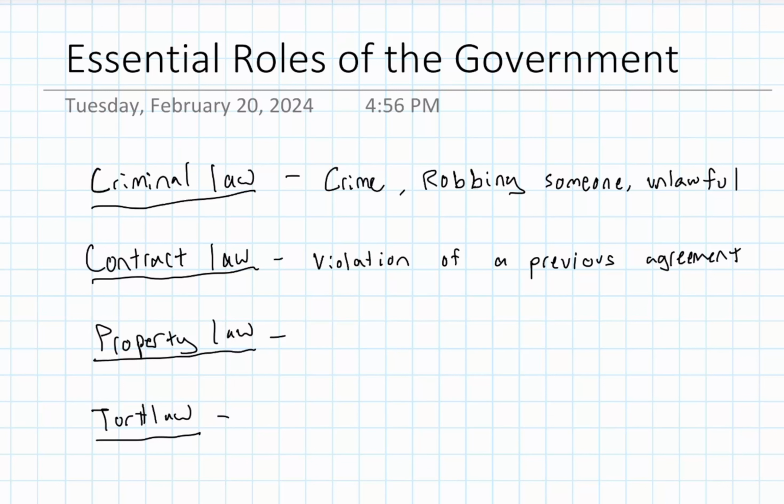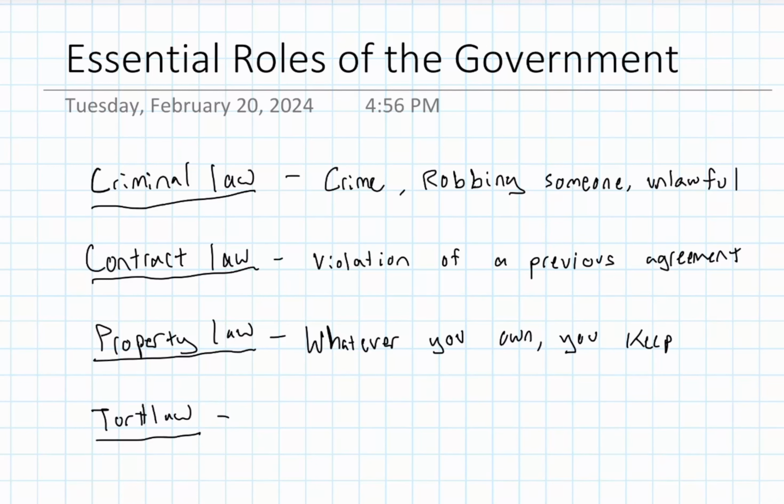Property law is basically whatever you own, you keep. And this includes, obviously property, but also things that are on your property.